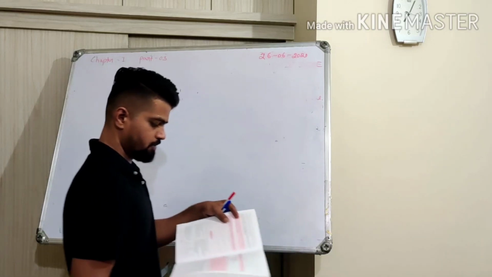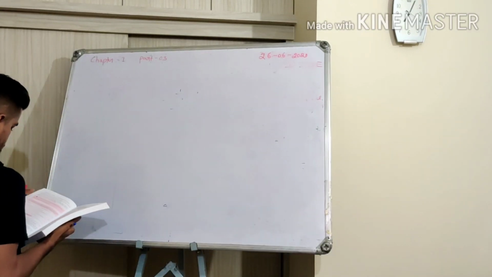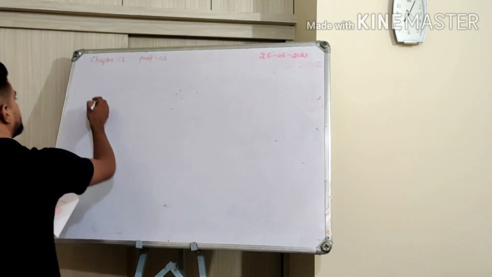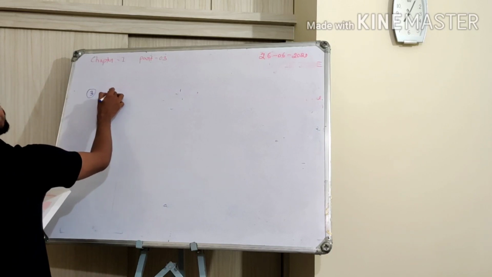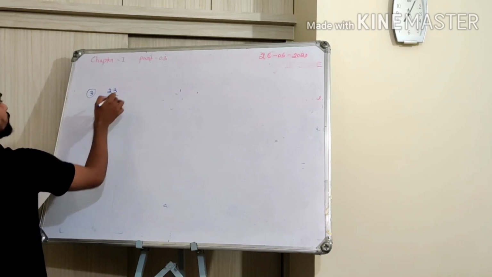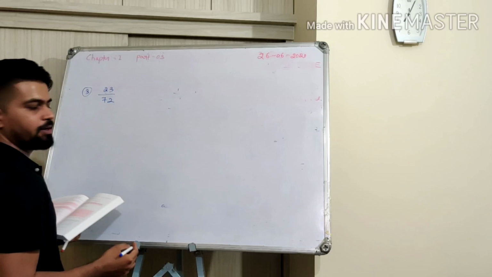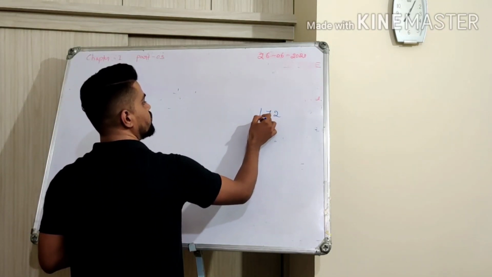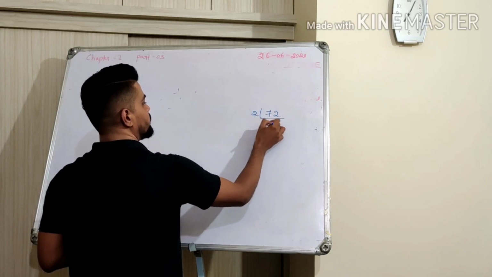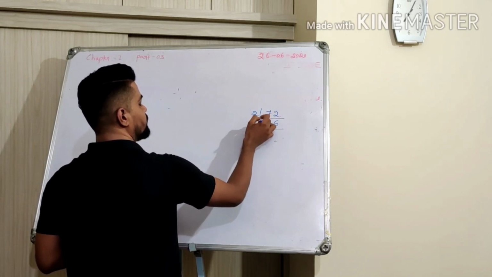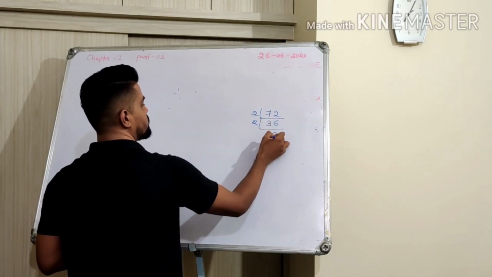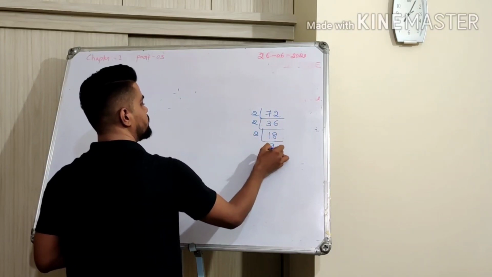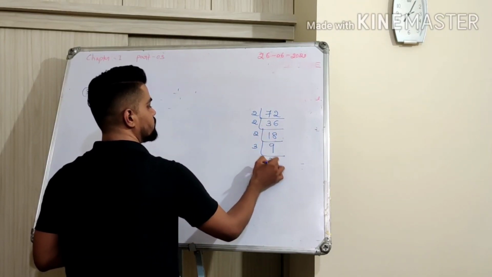So one more example we have, last example, that is 23 by 72. So which table do you see 72? 72 can be divided by what? 2, 2 36 are, and again we have 2 18s are, and 2 9s are, and we have 3 3s are.